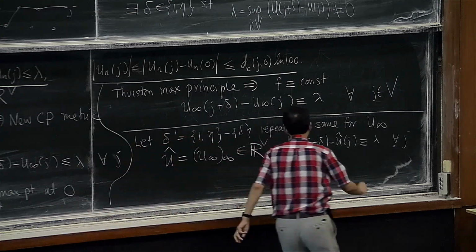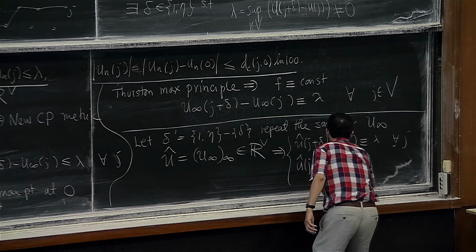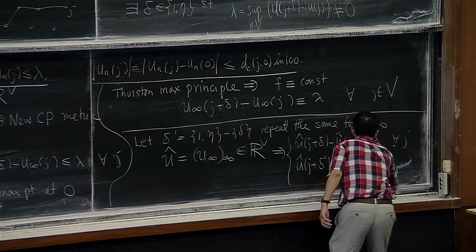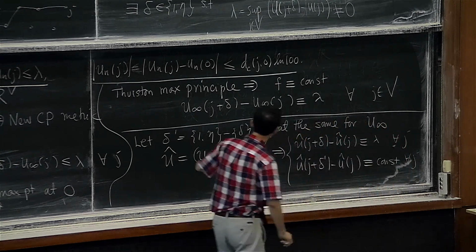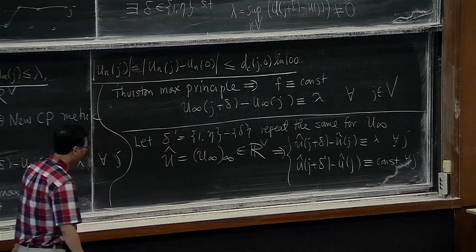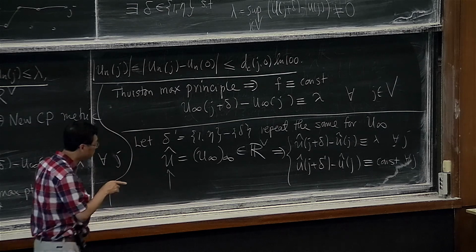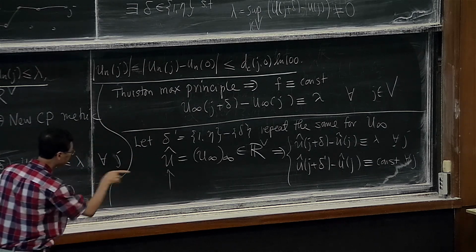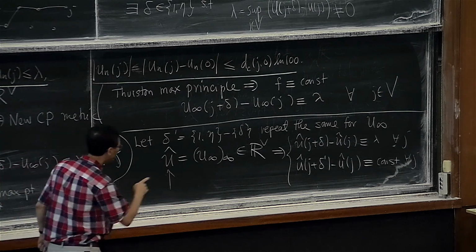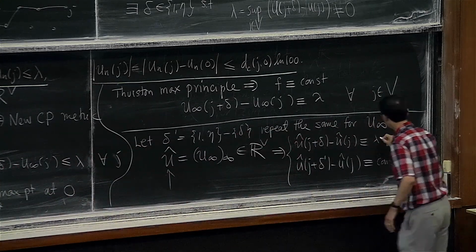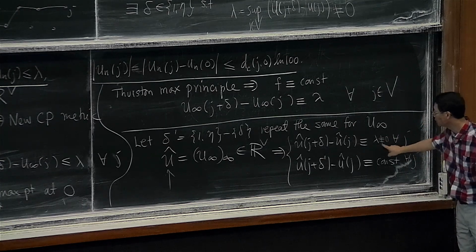This constant may be 0. It is a constant for all j. Okay, so that's the second selection process. And that tells you that this function is a linear function, because when you move in one generator direction it adds a constant, and in the other it adds another constant. And it's non-constant, it's a linear function, but not a constant. So this is how we choose it.